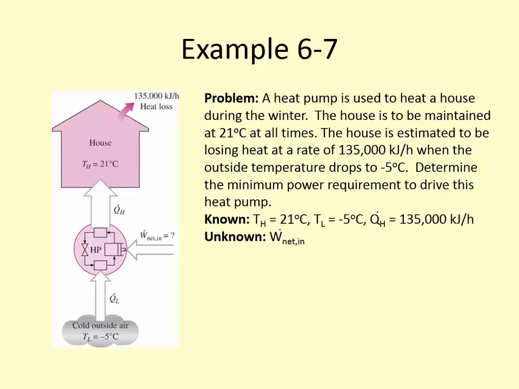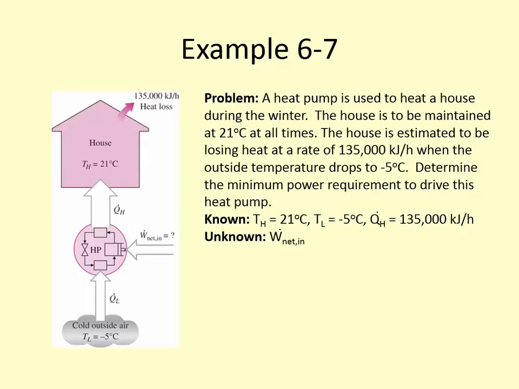What are some keywords in this problem that tell us what type of analysis we can use? Okay, it's a heat pump, so we know we have to use the right equations for a heat pump. Okay, so constant 21 degrees. That's just telling us the thermal reservoir temperature. But in that very last sentence, determine the minimum power requirement. So what case is going to give us the minimum power requirement? The max efficiency or the reversible system, right?